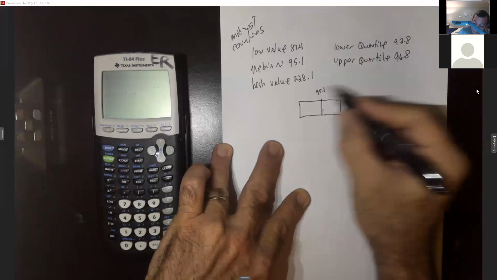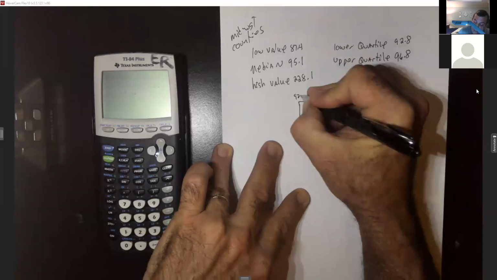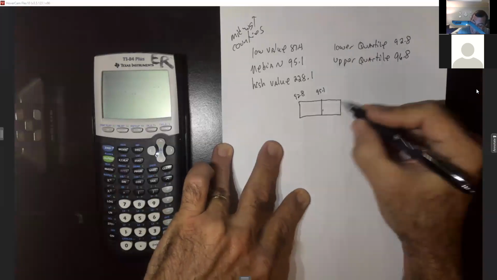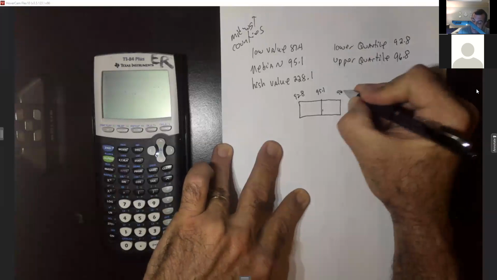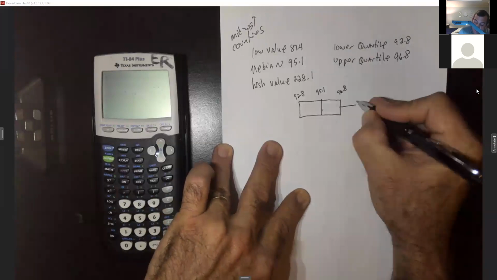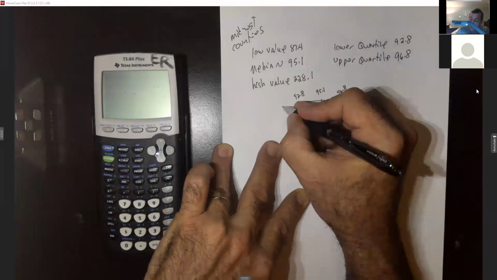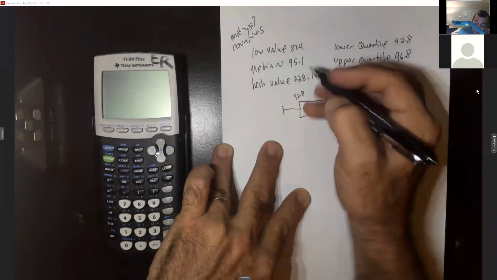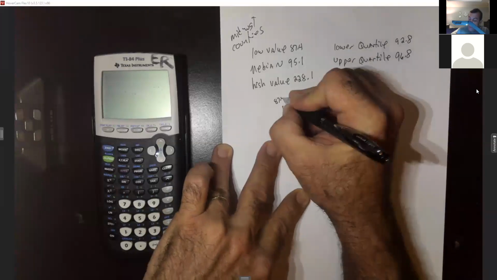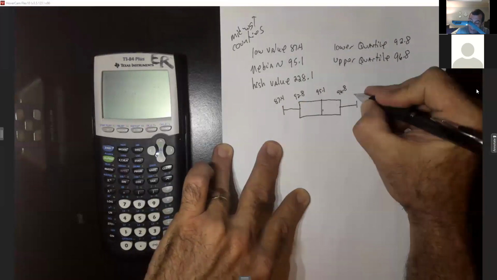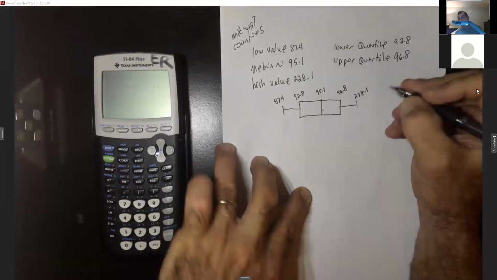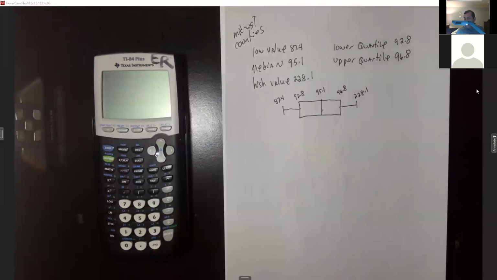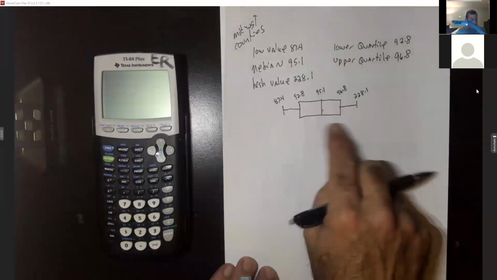Lower quartile was the 92.8. Upper quartile, 96.8. And then your whiskers will come out. Over here the lower value was 87.4. And then the high value was 228.1. So that's what they was having you do with this data, so you can make you a little box real quick of it.